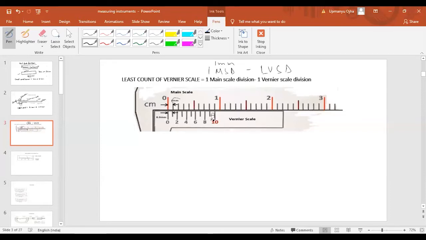Then 10 vernier scale divisions, 10 into x, will be equal to 9 main scale divisions, that is 9 millimeter. So from here we get the value of x, the one vernier scale division: 0.9 millimeter.